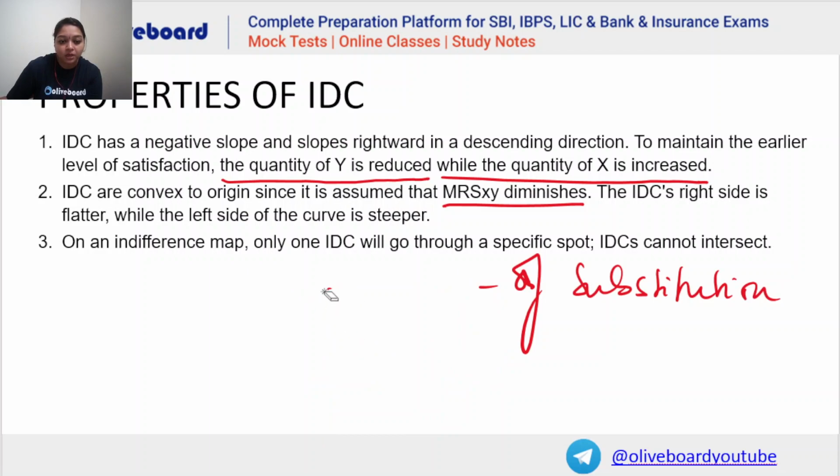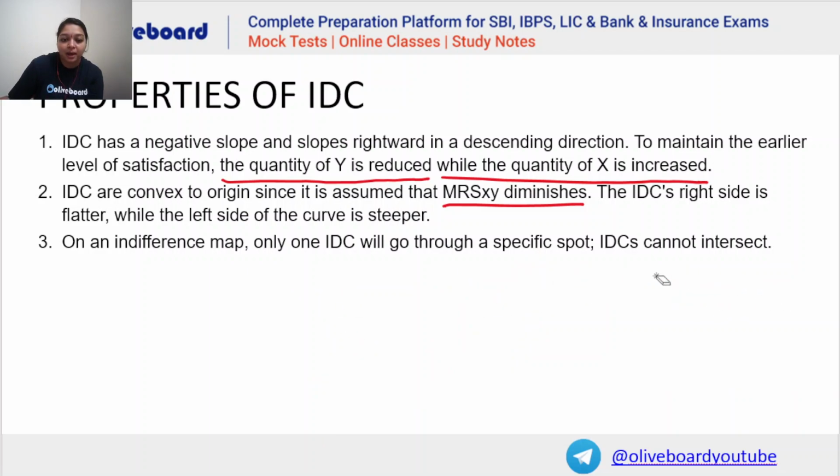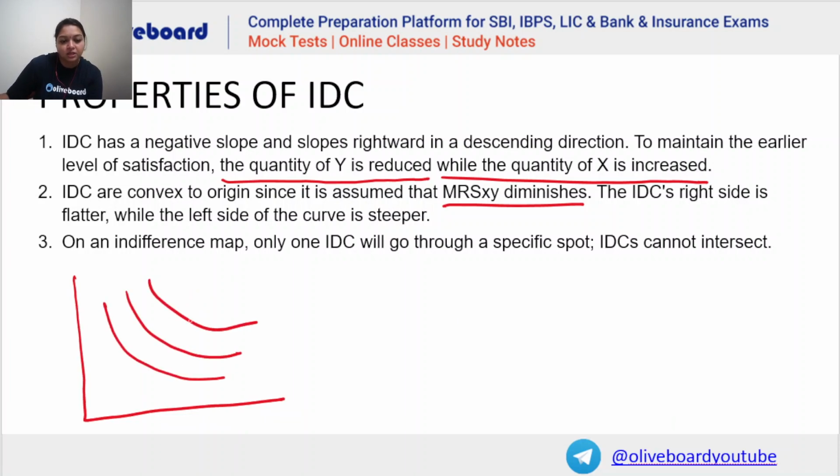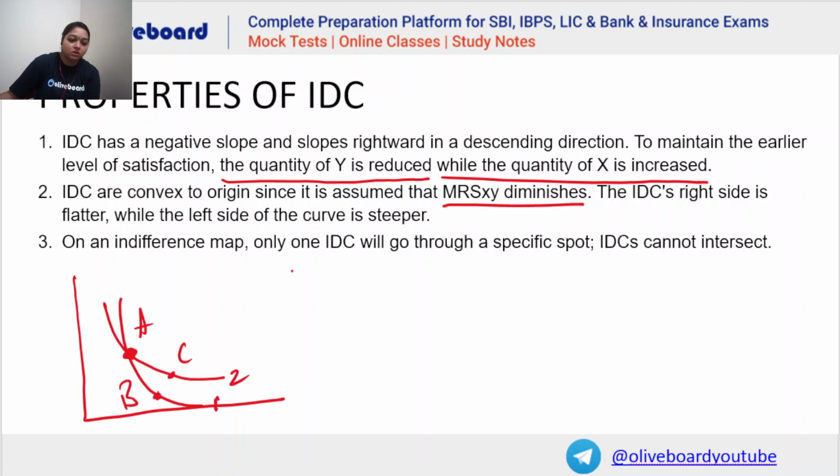Then the third property is that on an indifference map, the indifference curves cannot intersect. So what is an indifference map? We saw when there are multiple indifference curves like this, we call it an indifference map. The assumption is that in an indifference map, two indifference curves can't intersect like this. So why? Let us say this is point A, this is point C and this is point B. This is curve 1 and this is curve 2.